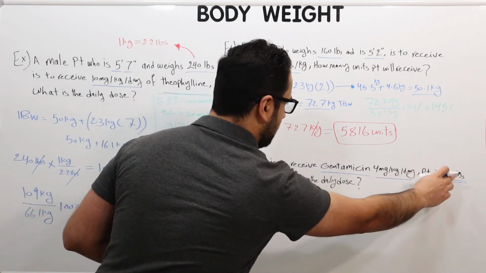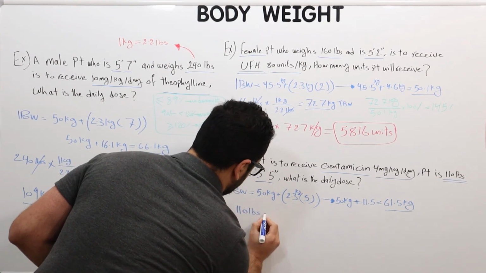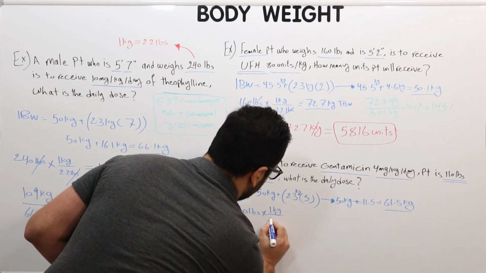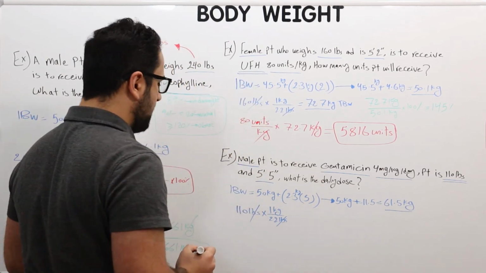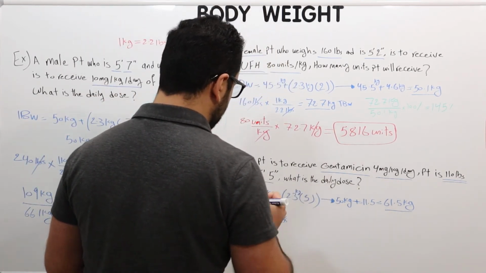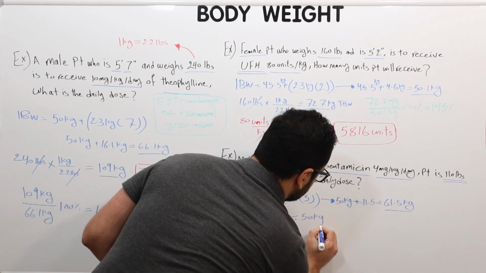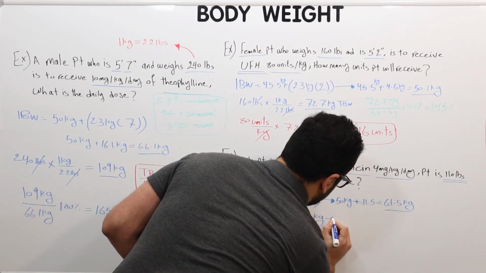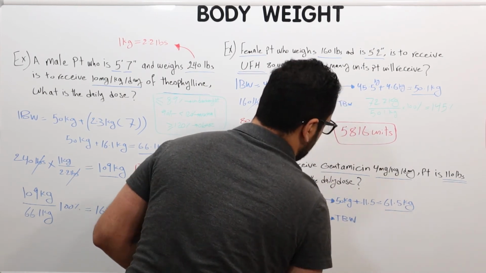We have 110 pounds, and for each 1 kilogram, there are 2.2 pounds. So taking pound with pound, 110 divided by 2.2 is basically 50 kilogram. So this is the total body weight. Okay, this is it down here.